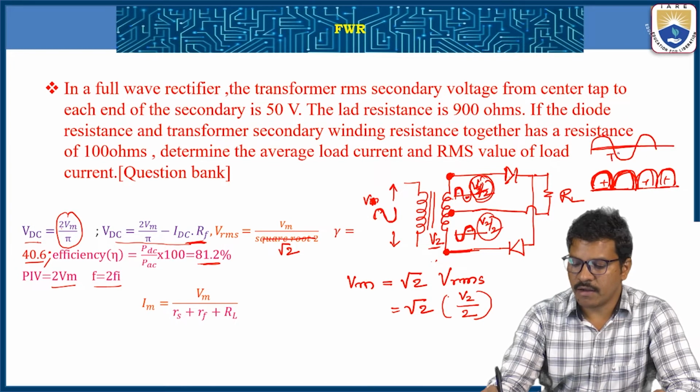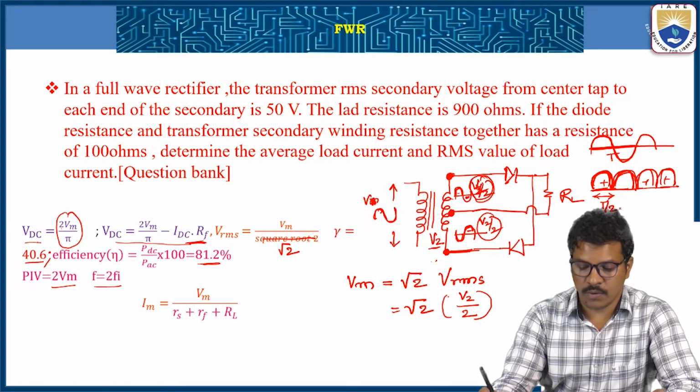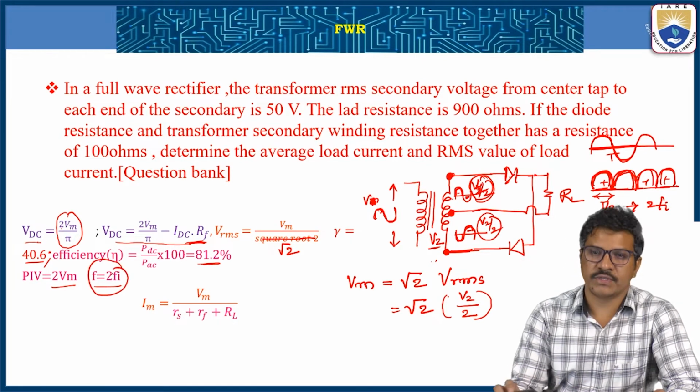The time period for this input signal covers one positive half cycle and one negative half cycle. But in the full wave rectified output, the time period gets down to T by 2. Then the frequency gets doubled, 2 into F. So that's why the frequency is 2 into F.